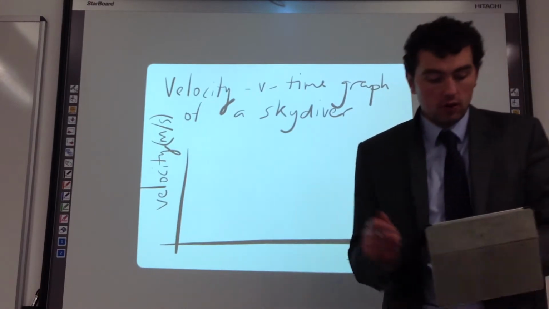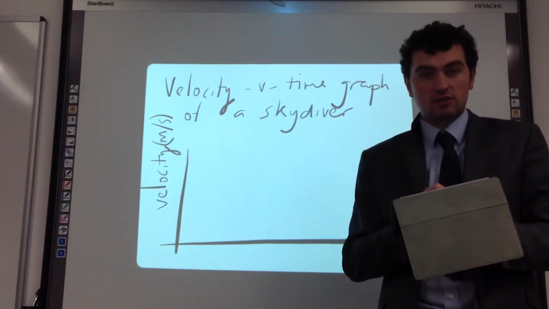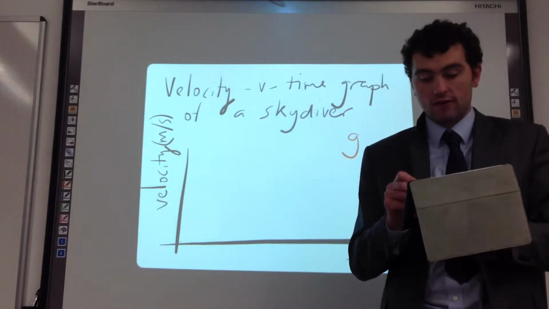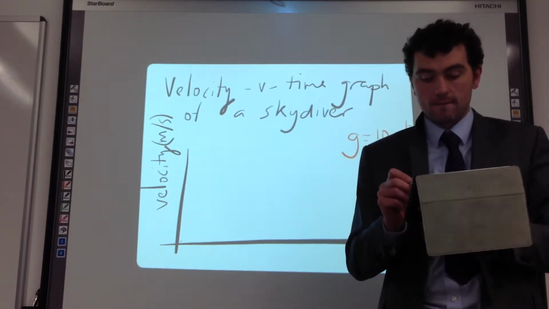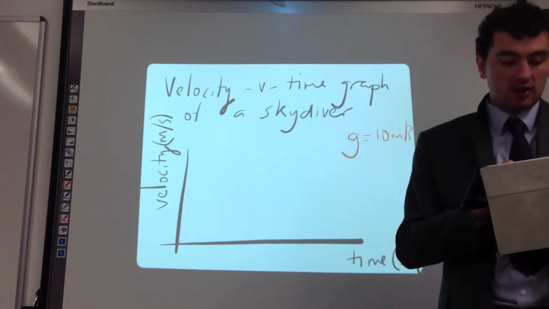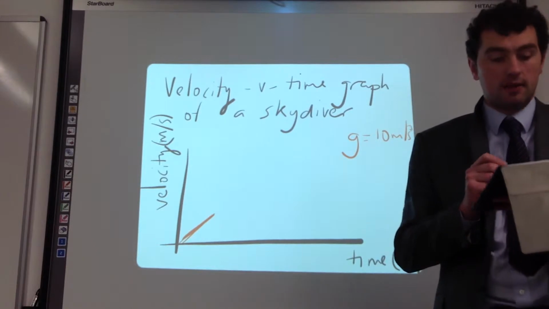Now, the way you draw this in a velocity time graph is at the start he accelerates towards the ground with an acceleration of gravity which is equal to 10 meters per second squared. So at the start it's a relatively straight line, and the gradient of that line is 10.